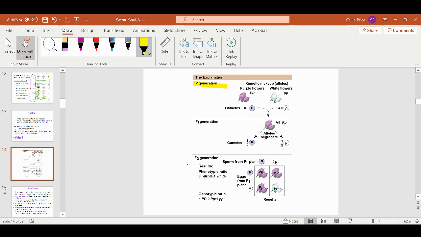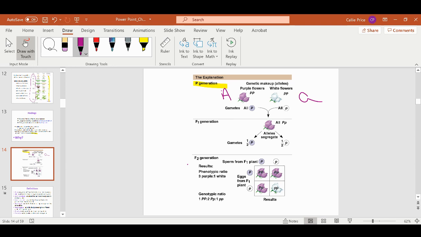We'll start here in the P generation. Now I know these are represented with capital P's and lowercase p's. I'm going to replace these with purple being big A and white being little a. It's a little bit easier to recognize the capital and the lowercase example there.